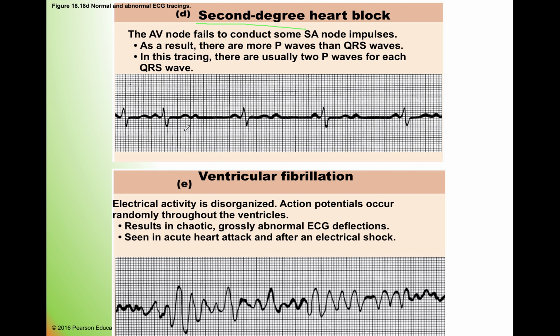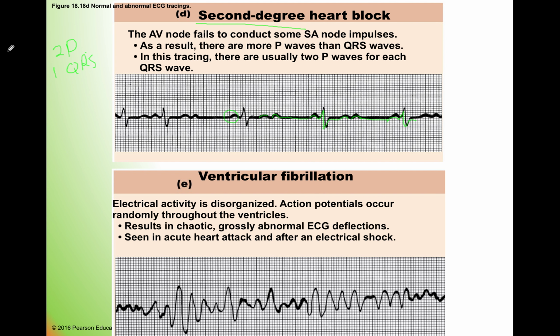So let's analyze the heart basically. We have a P wave, QRS, T, right? Then I have a P wave and nothing. And then I have another P wave, a QRS complex, and a T wave. A P wave and nothing. Another P wave, and then a QRS complex. So in this, I have 2 P waves for every 1 QRS complex.